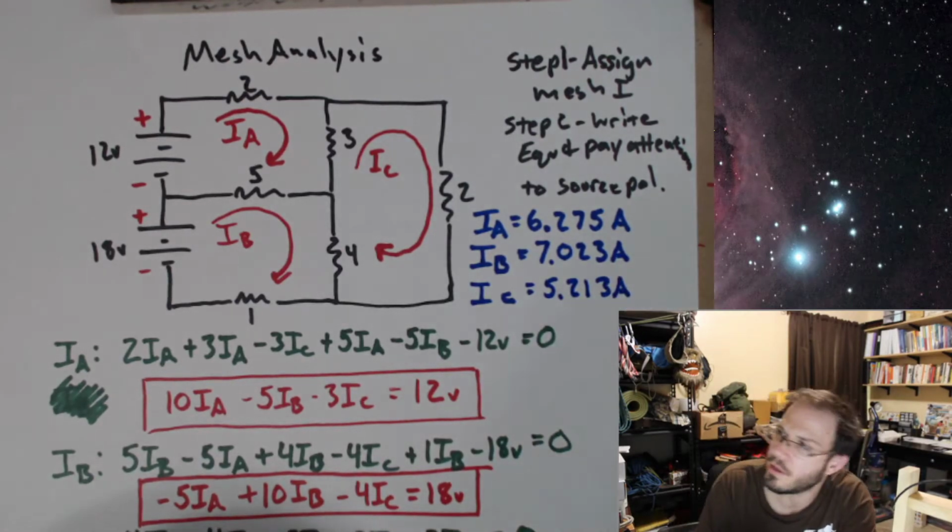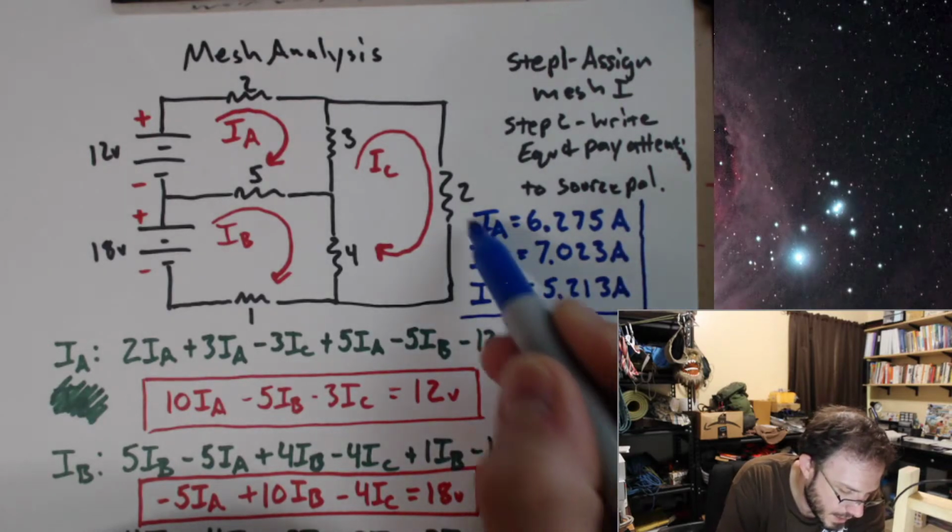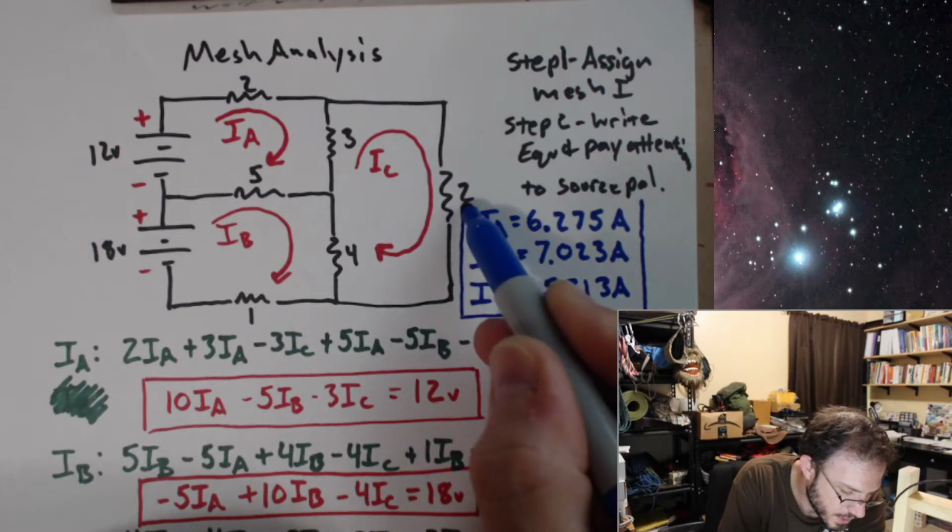Okay, so those are the values for our mesh currents after you solve the system of equations.